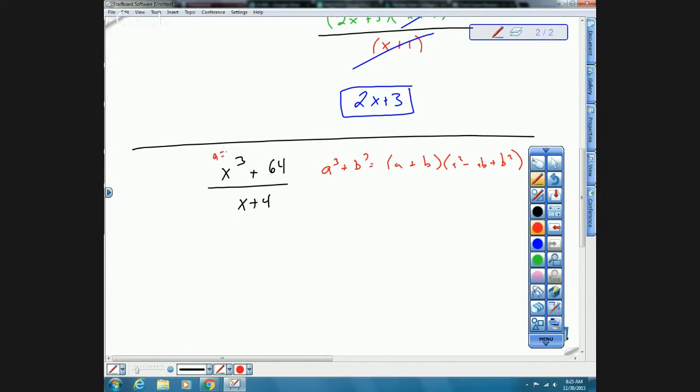So my a is x, and y'all were saying b was 4, y'all were getting that. So you have a and b, a squared and b squared, a times b, same sign, opposite sign, plus sign. So then that cancels out, and I just get left with x squared minus 4x plus 16.